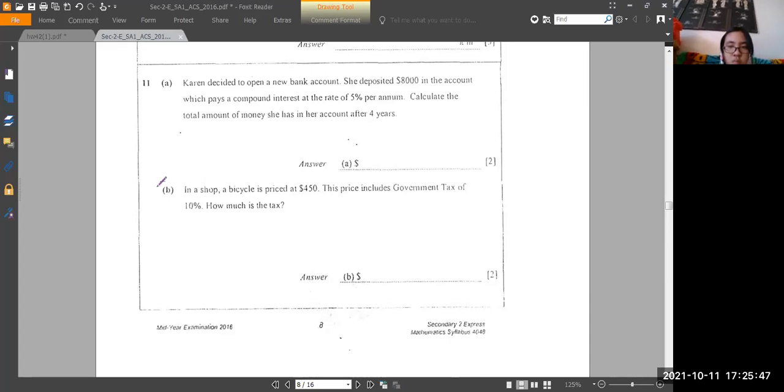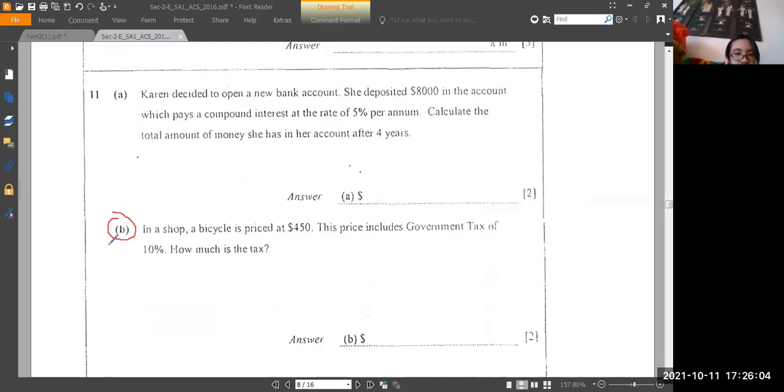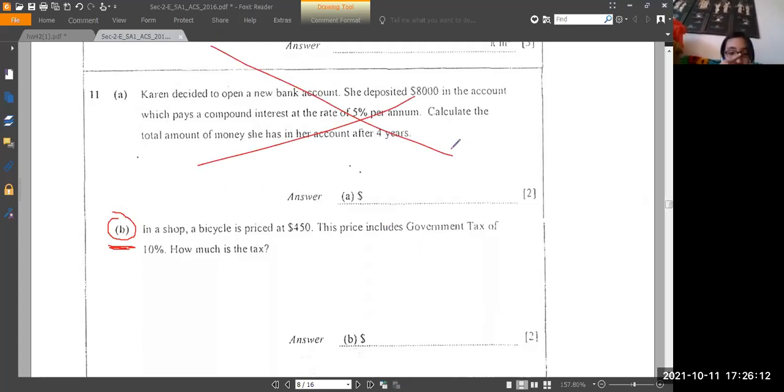This one. 11B. Do it on a piece of paper. Can you see the question or not? 11B. A, no need. 2 marks.